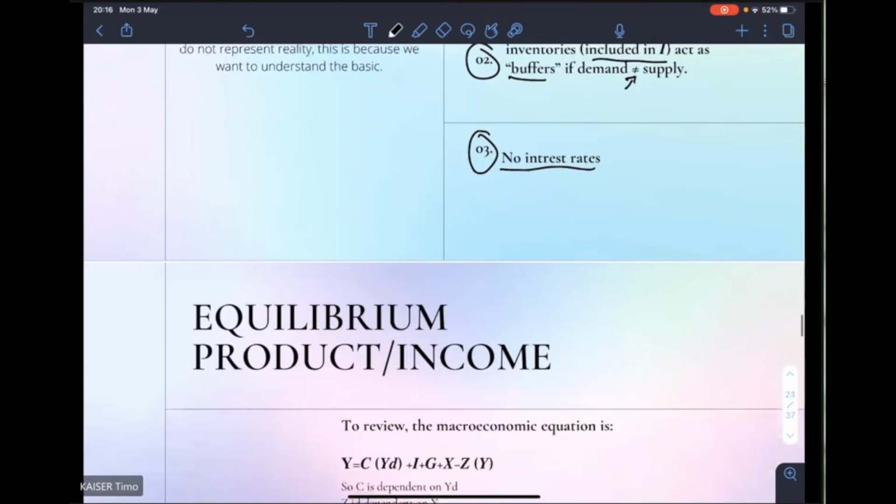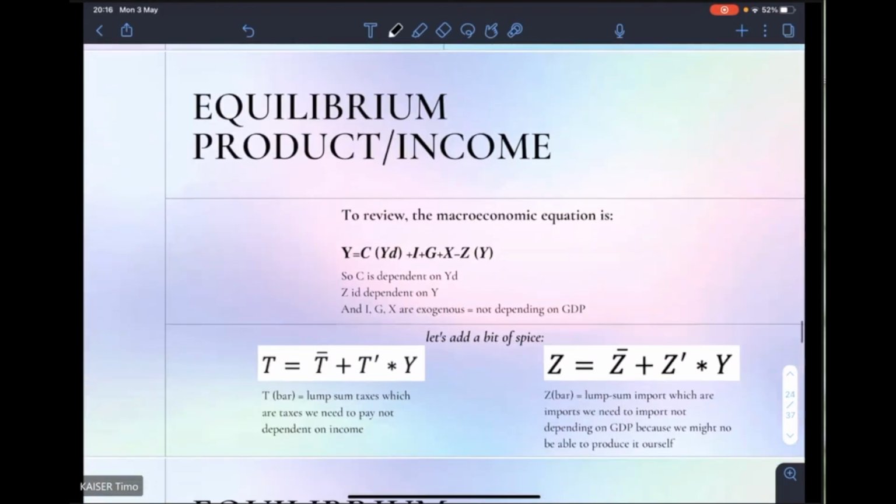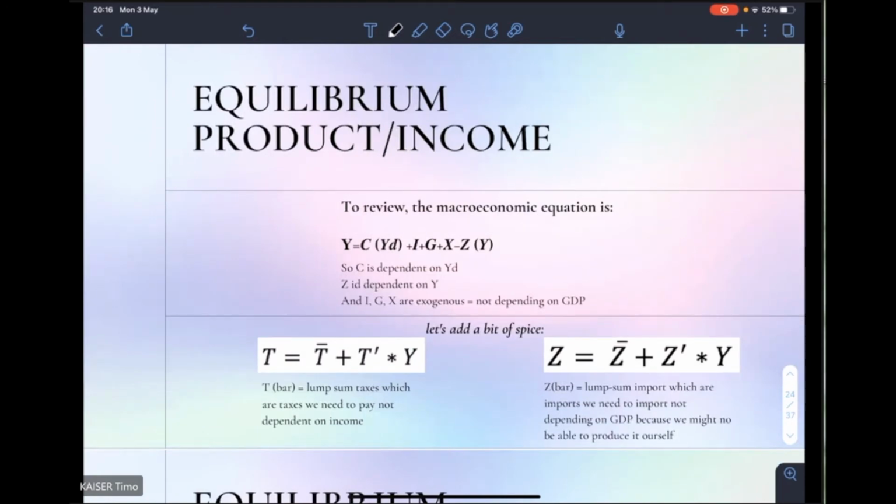Okay. Then we move to a very important part for calculations that we will do in our exam anyways, which is the equilibrium product and income. Product or income, because as I told you, GDP or GDI, same thing.